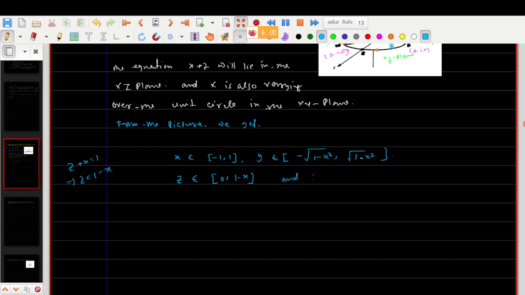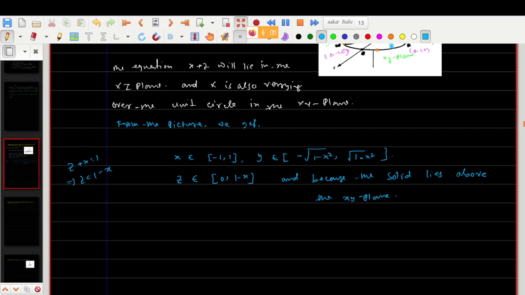And because the solid lies above the xy plane, right?